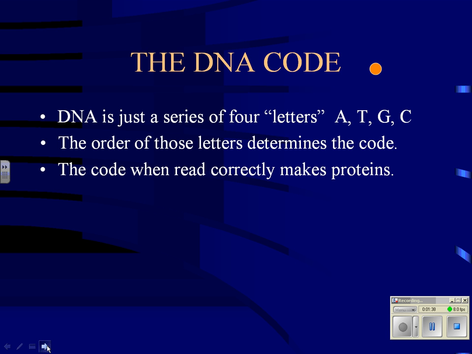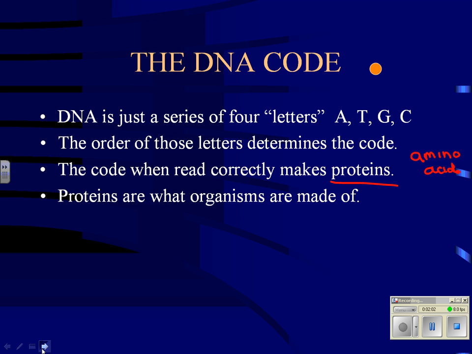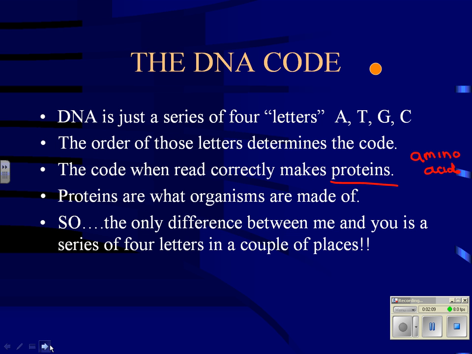All of that stuff is protein. The color that makes up your skin is protein. So what you are made of is protein. And remember that proteins are made of amino acids. Because proteins are what you are made of, we'll come back to that idea in a minute.